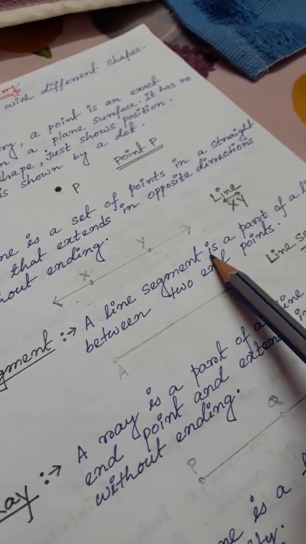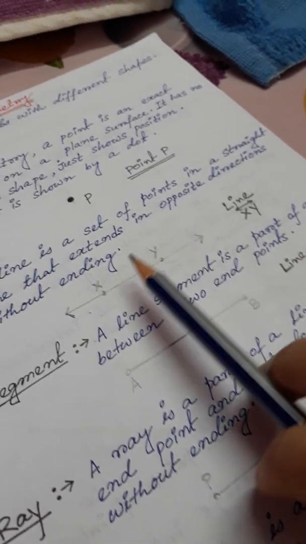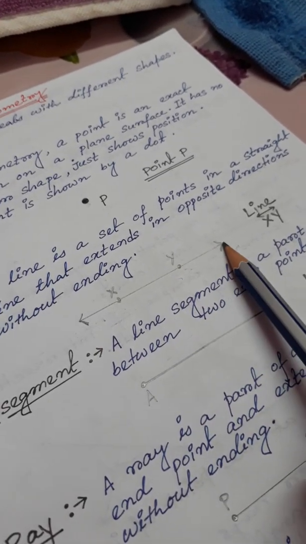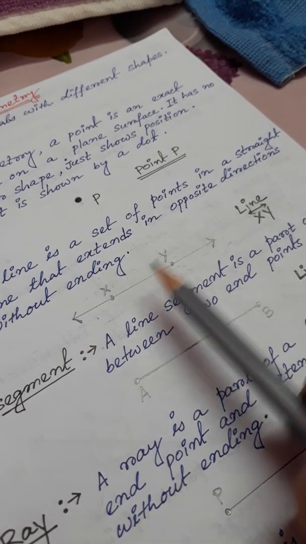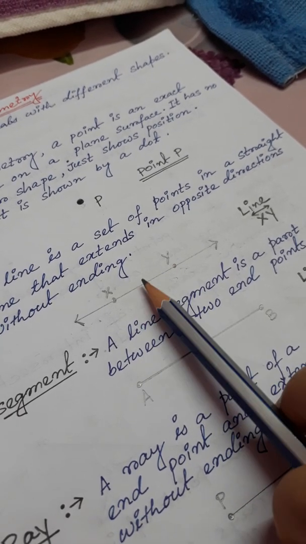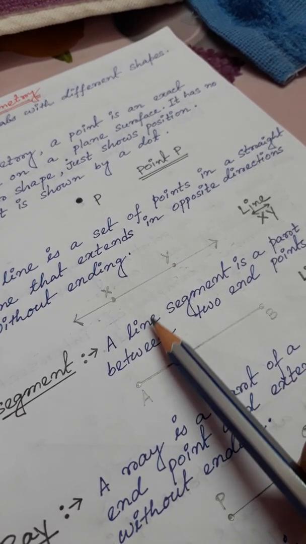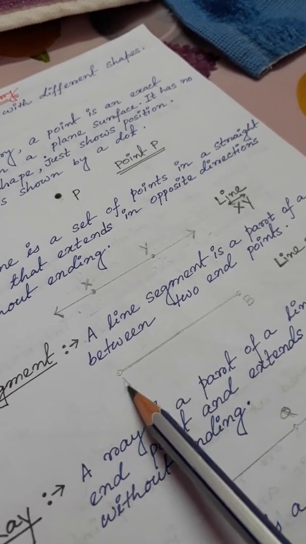Okay, now the next thing is the line segment. A line segment is a part of a line between 2 end points. See here, a line continuously goes on both sides. But if I take a small part or small portion of a line, this is called a line segment. I have taken here AB.